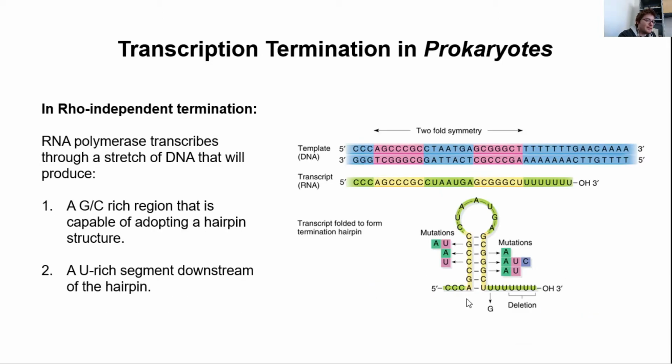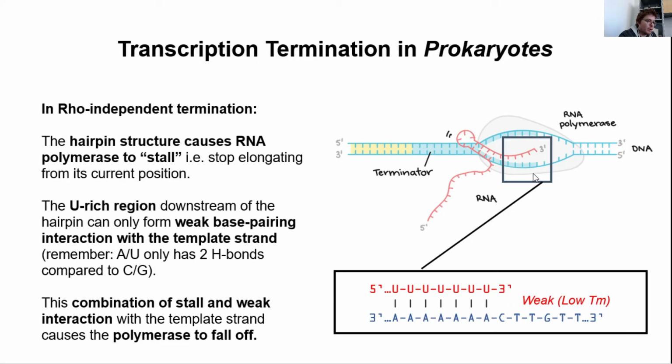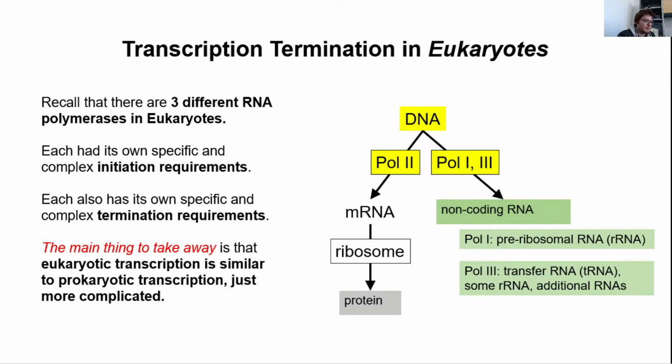And so this is just a nice example of how CG, making 3 bonds, can form a really stable structure with itself, whereas these UAs with the template and the RNA are so weak that it causes the whole thing basically to fall apart, right? And so this is another type of termination mechanism that we see.